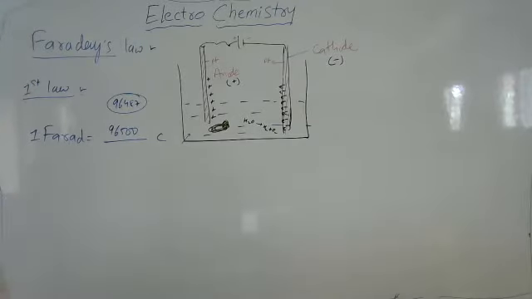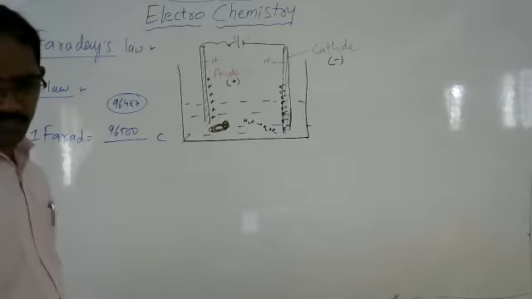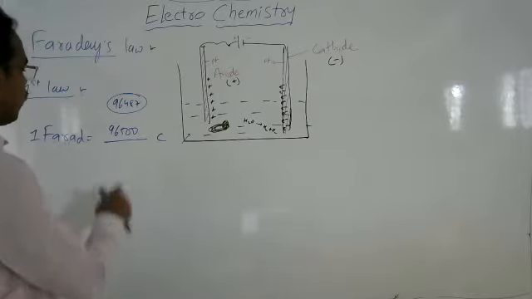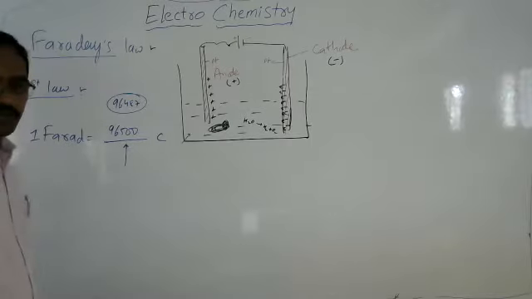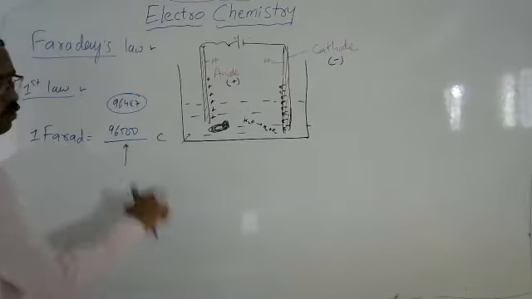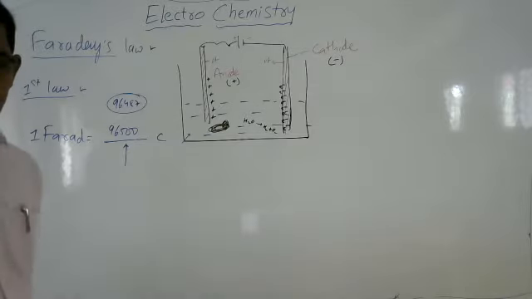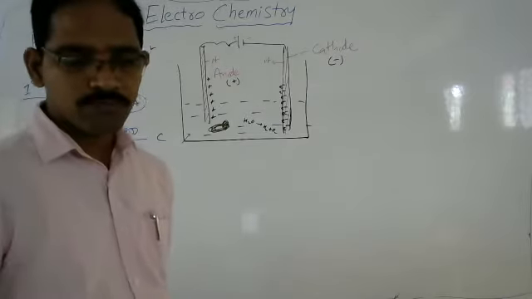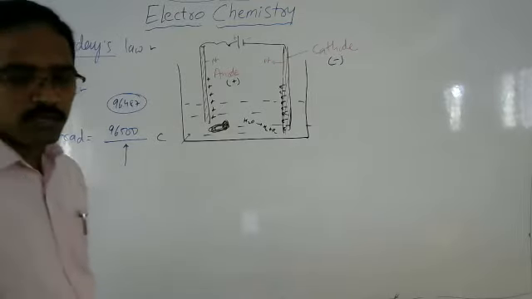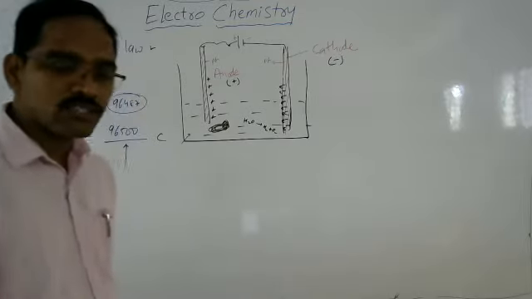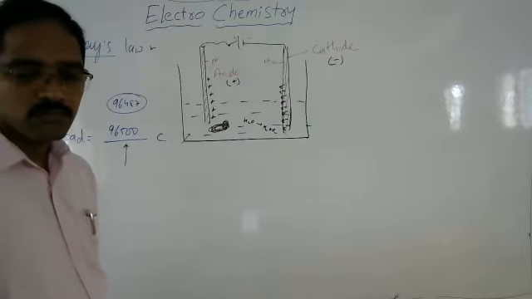Very good. Approximately 96,500, calculation becomes easy. How did we get this value? In chemistry, these many coulombs equal the charge of how many electrons?